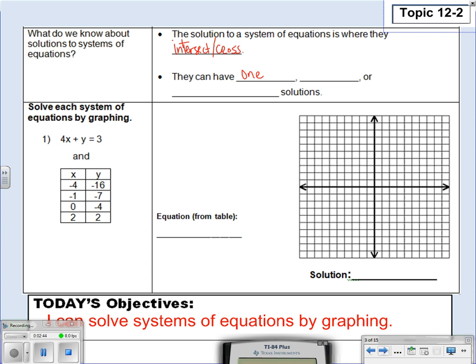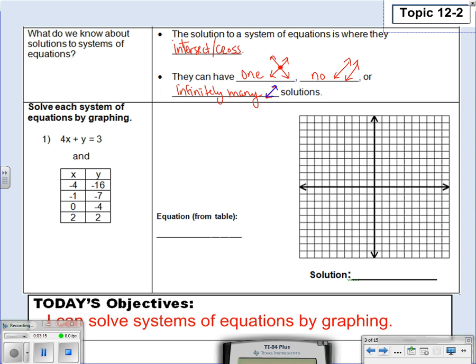We can have one solution, we can have no solutions, or we can have infinitely many solutions. One solution is when we have our lines and they intersect at one point. No solution is we have lines that do not touch, they are parallel. Infinitely many solutions means we have the exact same line graphed 2 or more times.